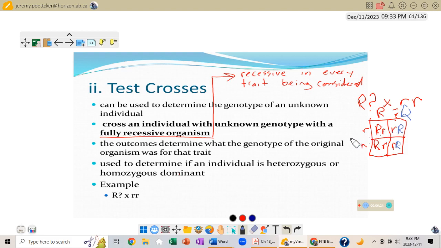That's the big deal here with a test cross, is you're going to cross an individual with the unknown genotype with a fully recessive organism. And then we look at the offspring. Now, if this is some kind of organism where they give birth to one offspring at a time, this is a lot harder to do. You have to have multiple sets of offspring before this works.